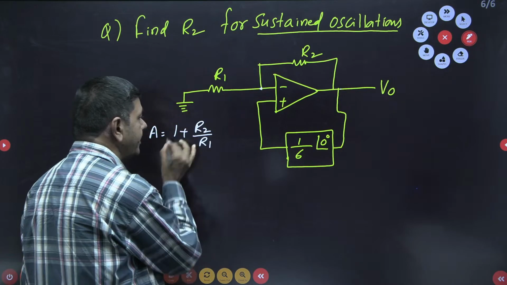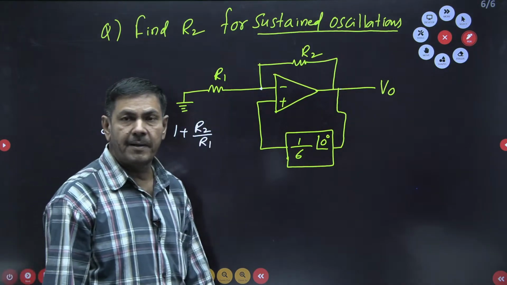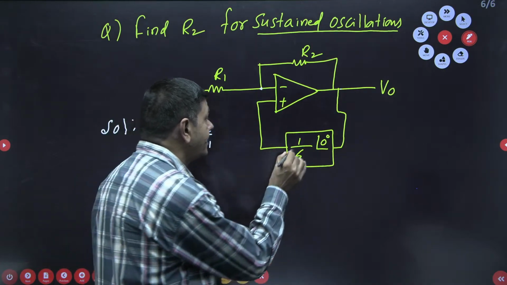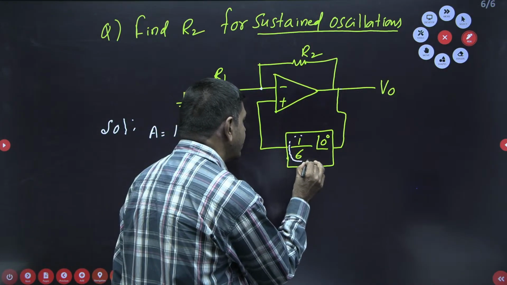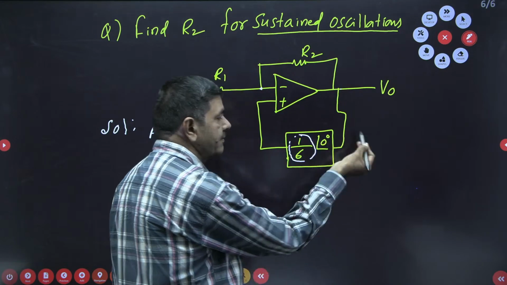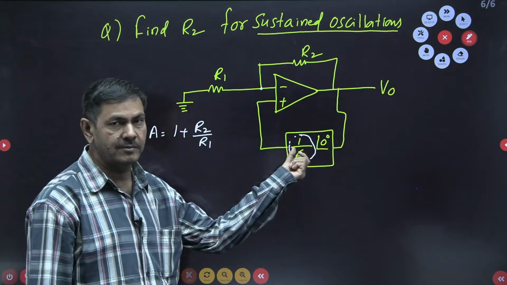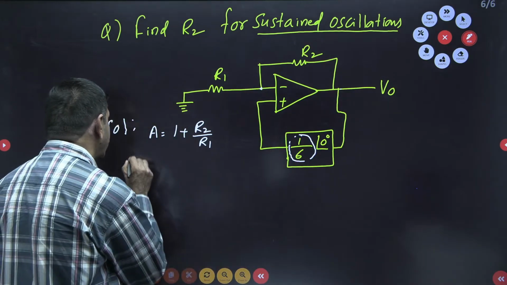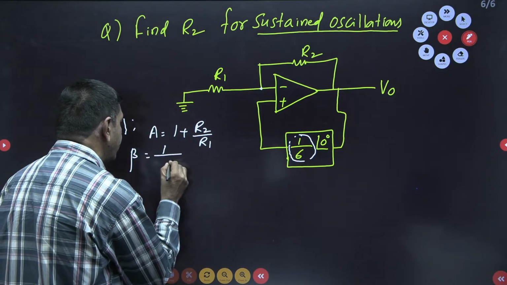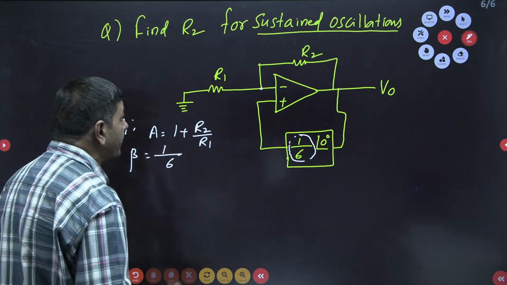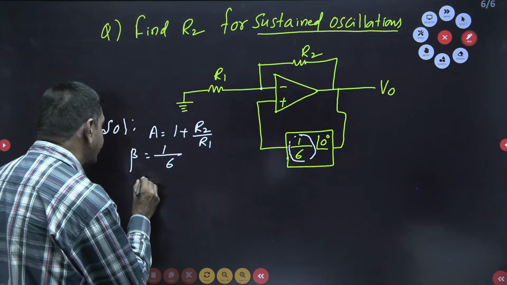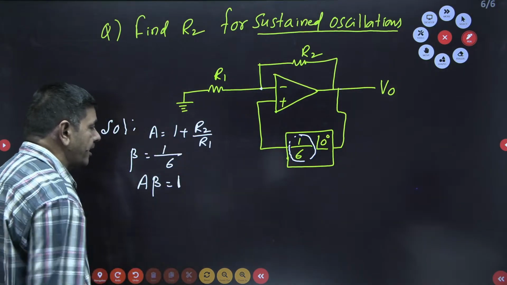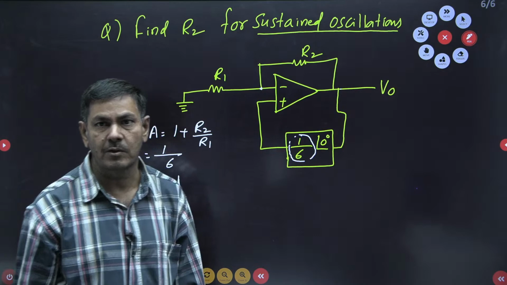Yes, I am getting the gain A. In the feedback network, directly given, what value is given? This is the beta value, 1 by 6. The phase shift of 0 is given here. We want only the beta value, no phase shift is required. Anyhow, beta is given as 1 by 6 in the problem. And you can apply the Barkhausen condition. What condition? A beta equal to 1. If this network is acting as an oscillator, you can apply the Barkhausen condition: A beta equal to 1 is applicable.